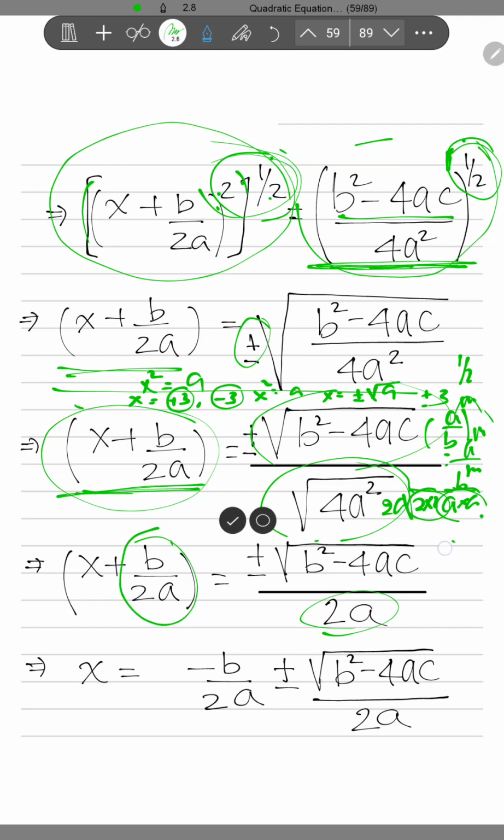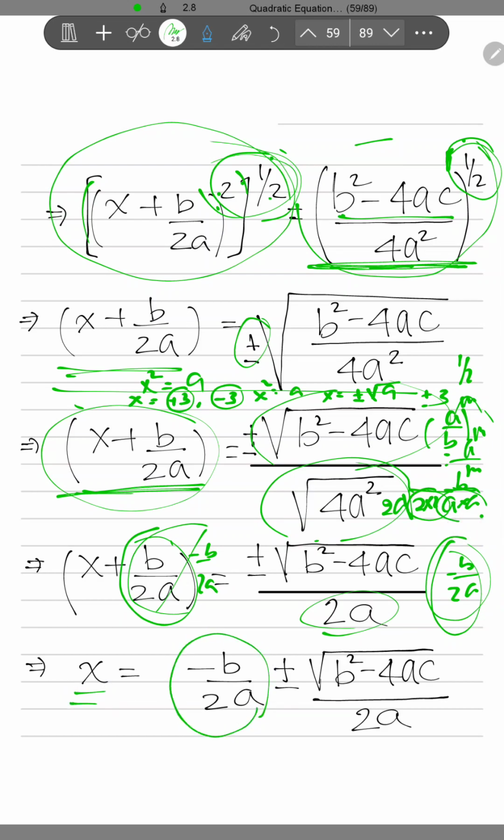Now we add minus b over 2a on both sides. This will cancel out and we will have minus b over 2a on the other side of the equality sign. So x is equal to minus b over 2a plus or minus square root of b squared minus 4ac over 2a.